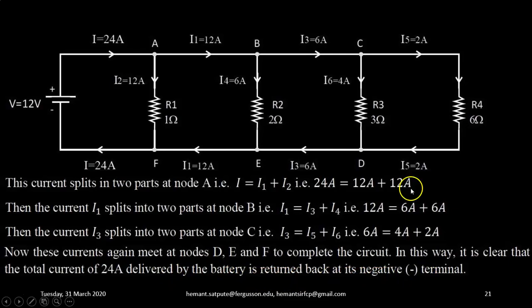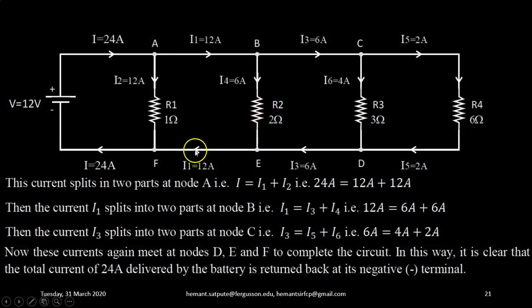Now at node D, what happens? 2 ampere is returned from R4 and 4 ampere is returning from R3. So the total current, 4 plus 2, 6 ampere, is going out of node D. At node E, 6 ampere is coming from node D and 6 ampere is coming from R2.